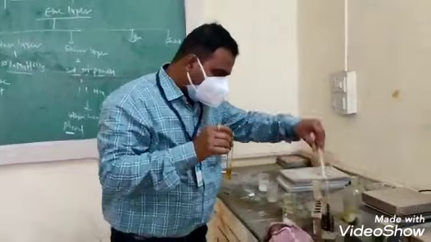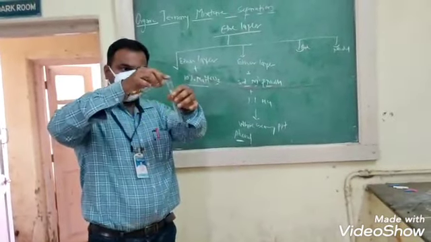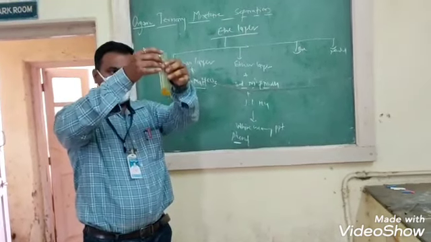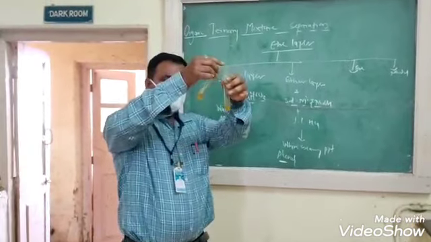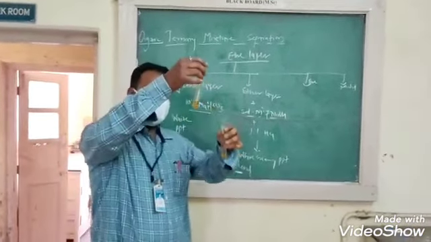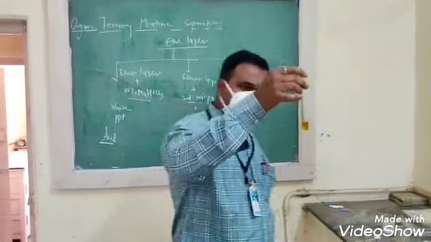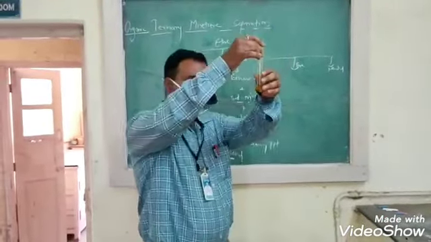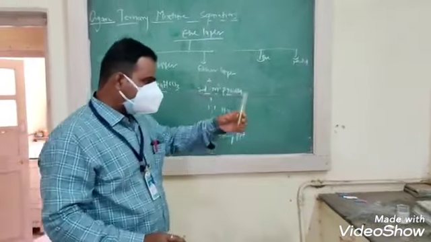Now separate this mixture by decantation. By decantation, we obtain a single layer of the aqueous HCl.